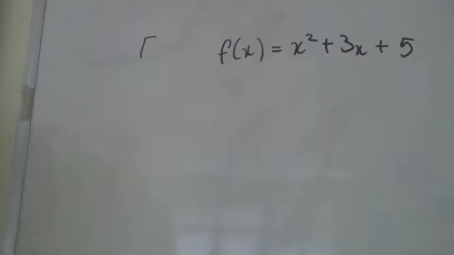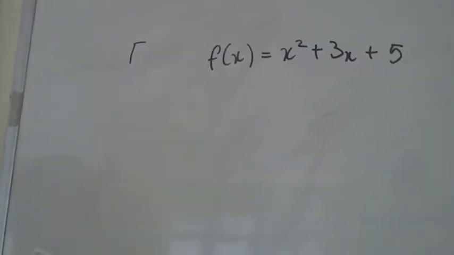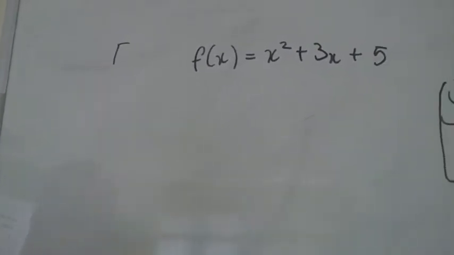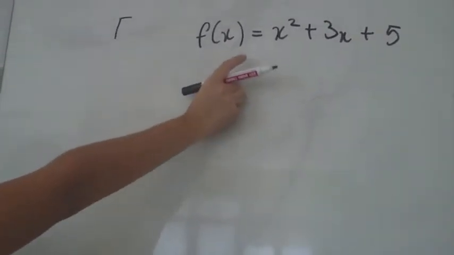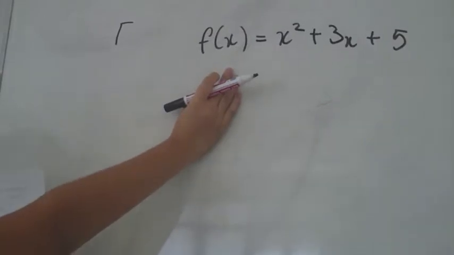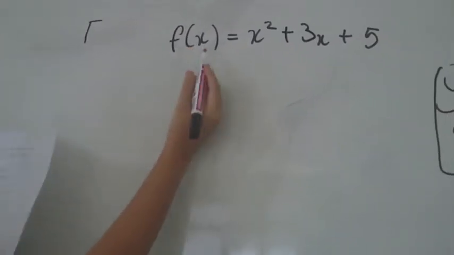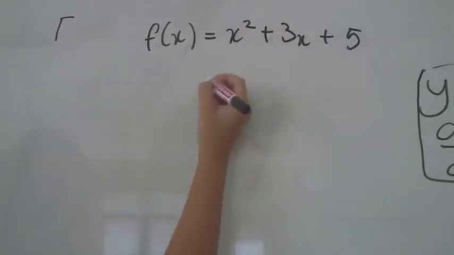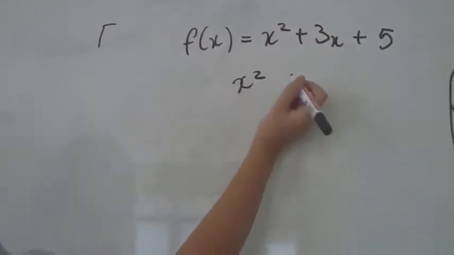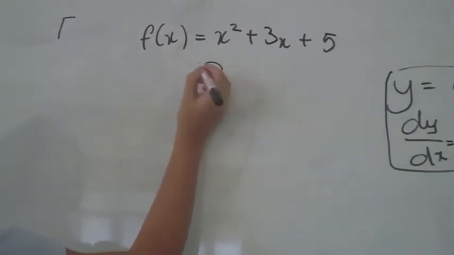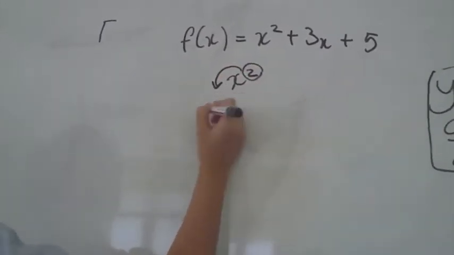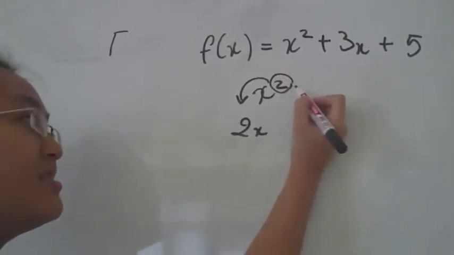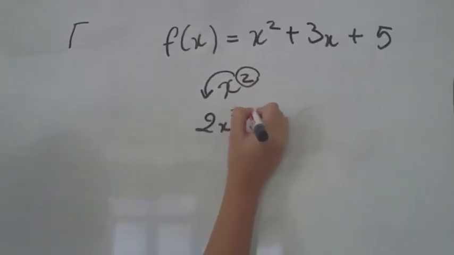Okay. Now I'm going to show you how to find the first derivative of a function by differentiation. So this is our function x squared plus 3x plus 5. To find the derivative of this function, you take x squared and you move the index in front of x, so it becomes 2x, and then you minus the index by 1, so 2 minus 1.